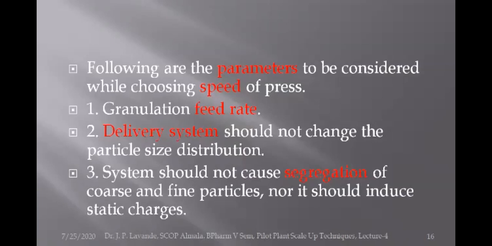The first portion of the batch, or the first few rotations, will lead to producing tablets with low hardness and low weight, whereas at the later stage the tablets produced will have higher weight and higher hardness, because of subjecting the powder and the granular material respectively. So that is what is meant by the delivery system should not change the particle size distribution.